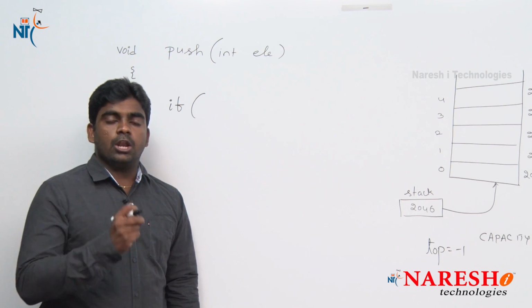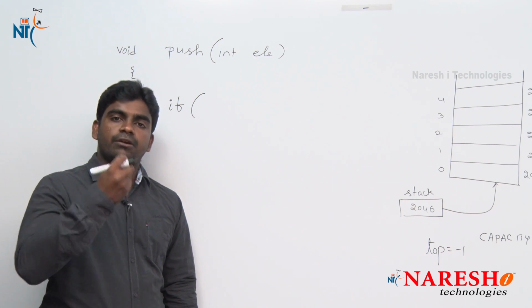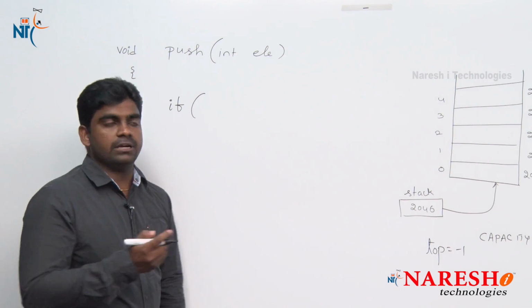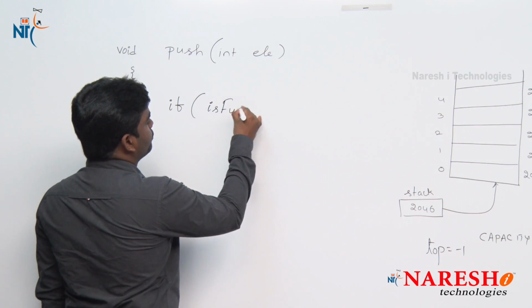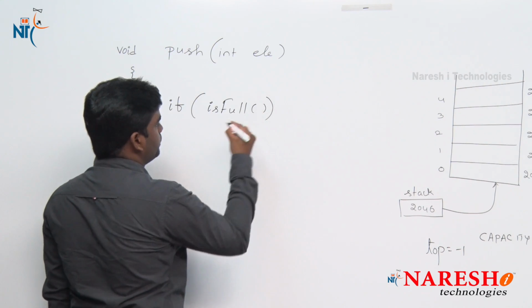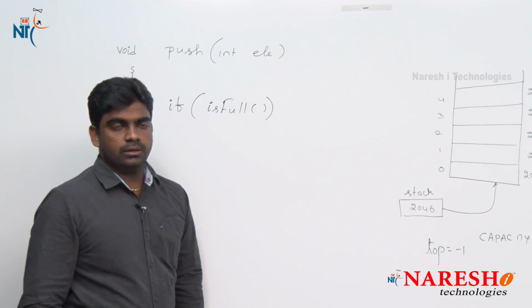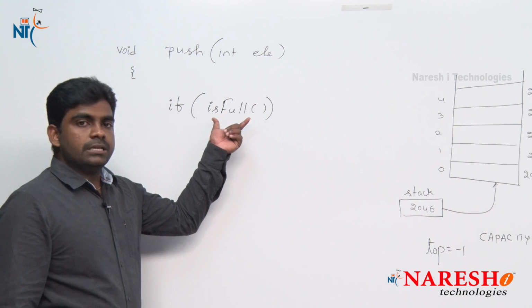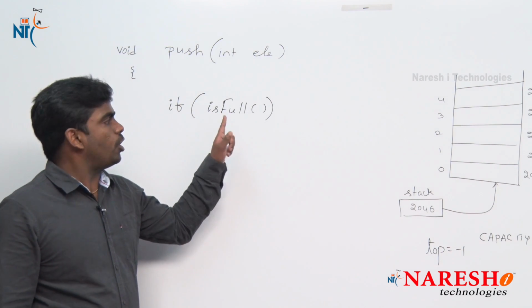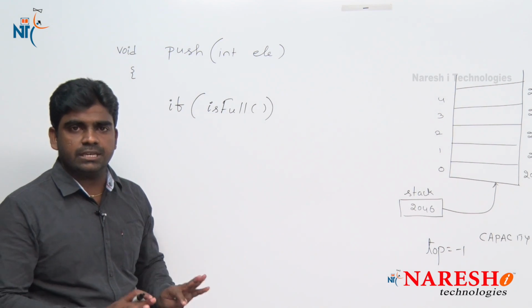For that, we are writing the logic in another function. Sir, what is that function? The function is the isFull function. Inside the if block we are calling the isFull function. So the logic for the isFull function we'll see.